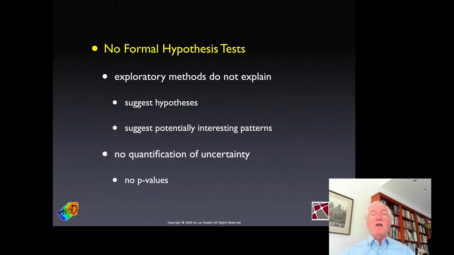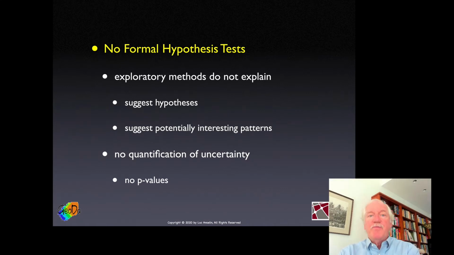But there is a next step, the confirmatory step. We don't deal with that in this class, but it's important to remember you are not done with the exploratory data analysis. It's just kind of the first stage in what I like to see as an evolution of increasing sophistication and increasing formalism of your analysis. And most of the time, there are no p-values.